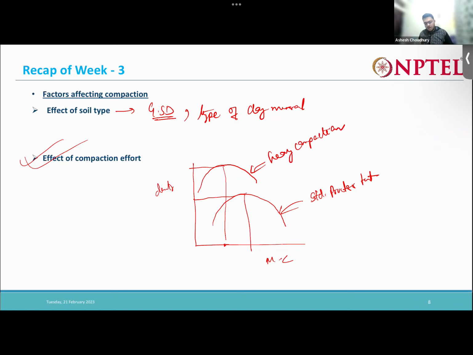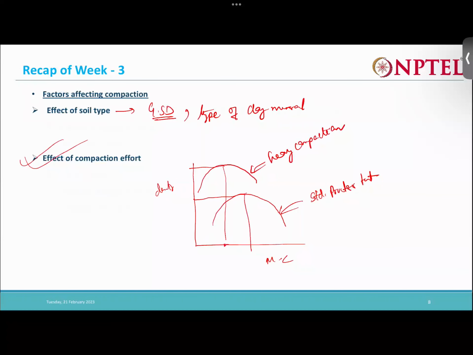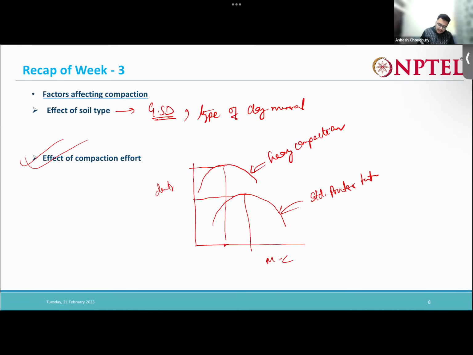So if you increase the amount of energy that you are putting in, what will happen is that the optimum moisture content will reduce and the dry density will go up. Okay. So like this, say we keep on plotting certain graphs, so you keep on increasing the compactive effort.